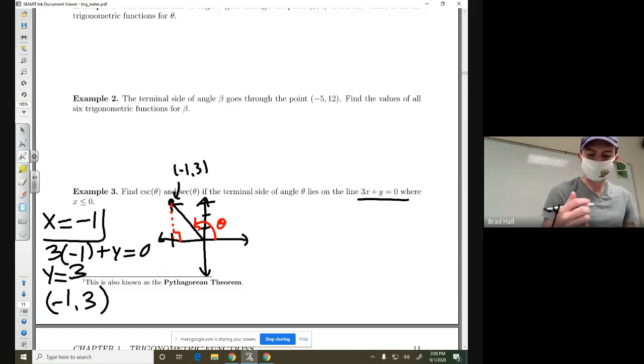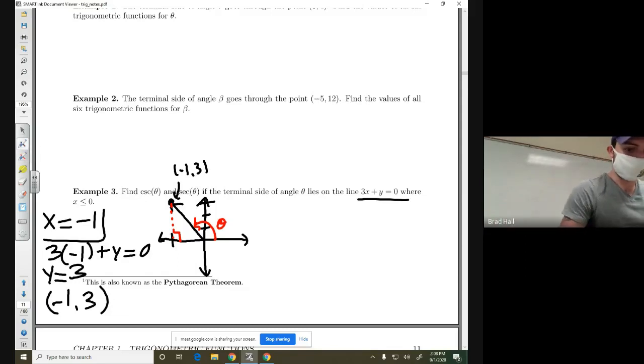So now we just turn our attention to the triangle itself. The triangle itself has, well, it has dimensionality. It has an x value or width, it has a height, and it has a hypotenuse value, or the slanted line.